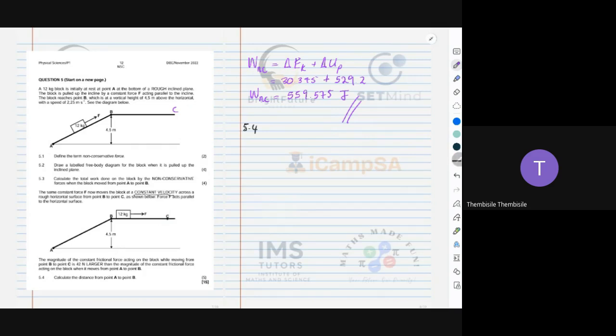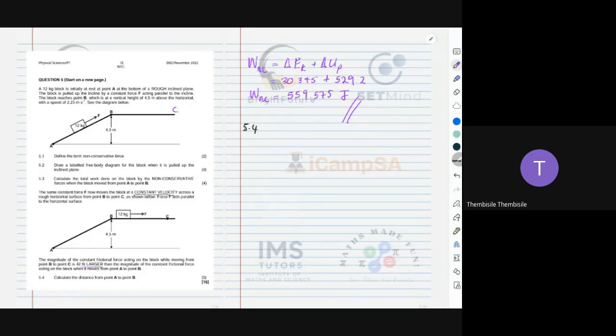So they are saying now, force Fx parallel to the horizontal surface, which is fine. The magnitude of the constant frictional force acting on the block while moving from point B to point C is 42 newtons larger than the magnitude of the constant frictional force acting on the block when it was moving from point A to point B, right?